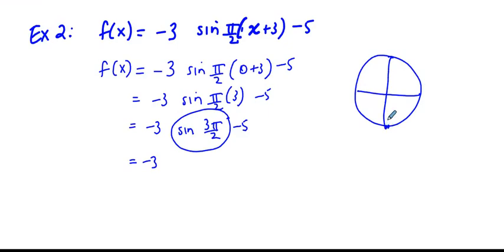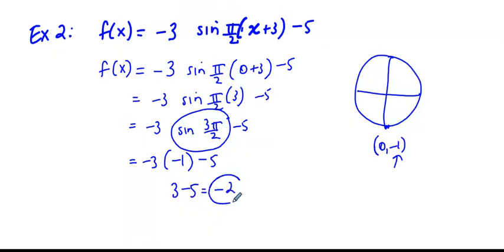Next year, you don't know, some professors don't allow calculators. 3 pi over 2 is (0, -1). The sine is the second one, and that is equal to -1. Negative 3 times negative 1 is 3. 3 minus 5 is -2. So the initial value of this function is -2. And don't forget, if you want to see what it looks like, you can graph it on Desmos.